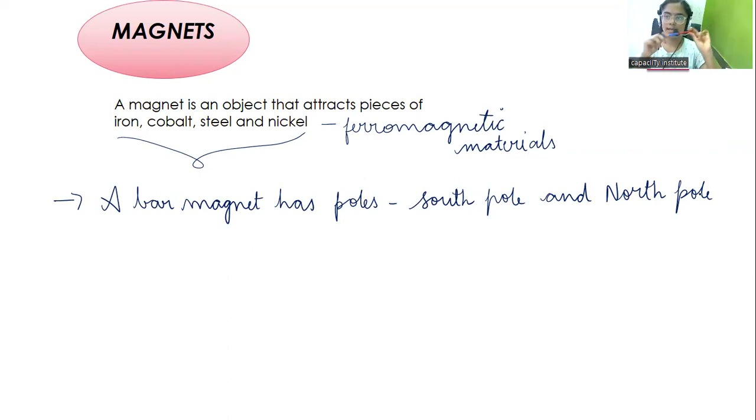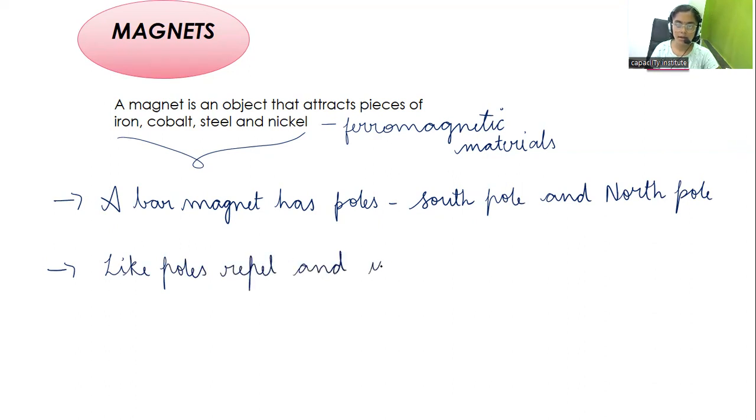Check here. It has two poles. The second thing, which is a well-known property, is that like poles repel and unlike poles attract each other.